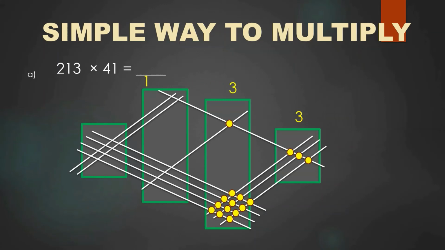Add 1 to the next group. 1 plus 6 equals 7. 213 multiplied by 41 equals 8733.